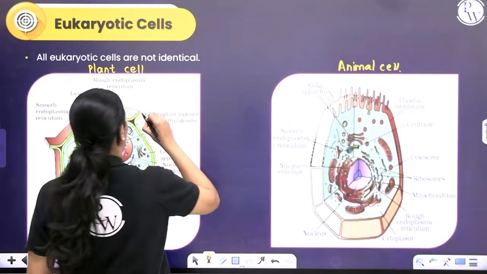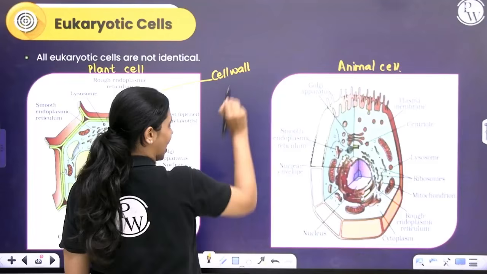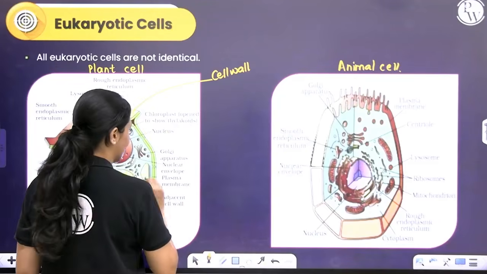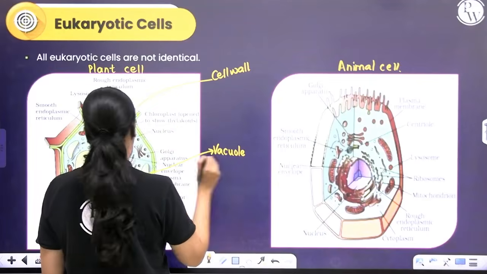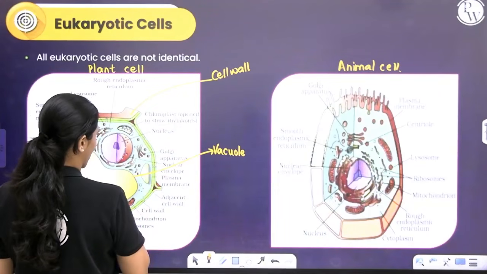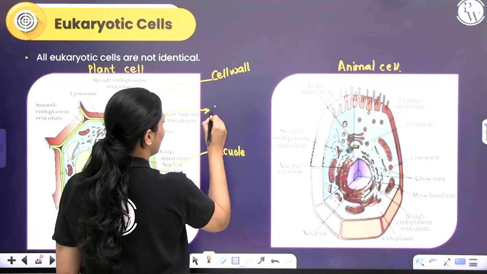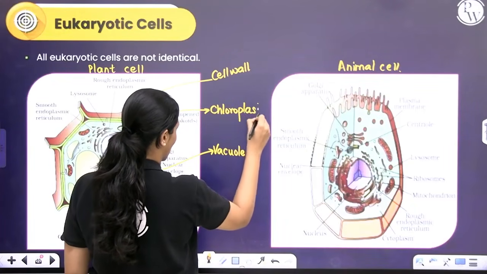Okay. So plant cells have a cell wall, which animal cells don't have. Plant cells have a large central vacuole, which animals don't have. Plant cells have chloroplasts, which I cannot find. Okay, so it's here. Chloroplasts, which animal cells don't have.